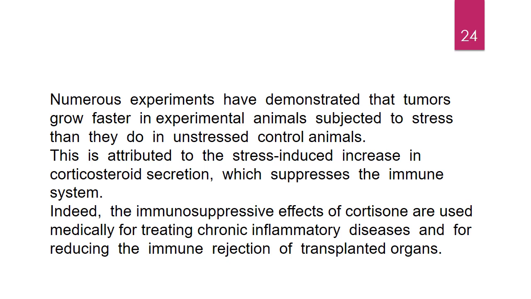Numerous experiments have demonstrated that tumors grow faster in experimental animals subjected to stress than they do in unstressed control animals. This is attributed to the stress-induced increase in corticosteroid secretion, which suppresses the immune system. Indeed, the immunosuppressive effects of cortisone are used medically for treating chronic inflammatory diseases and for reducing the immune rejection of transplanted organs.